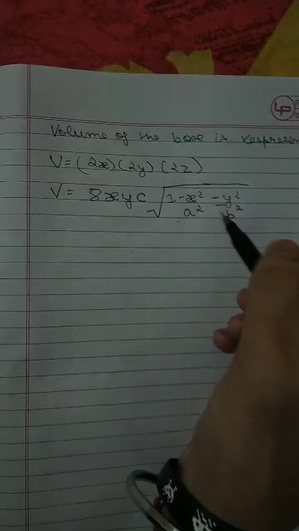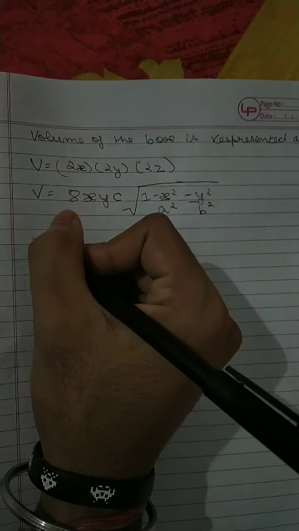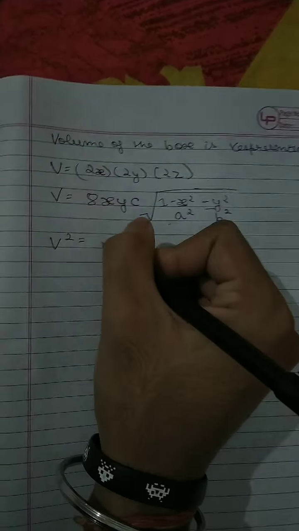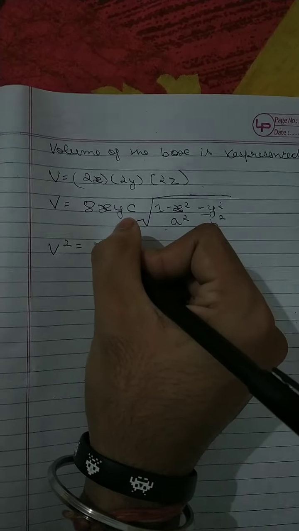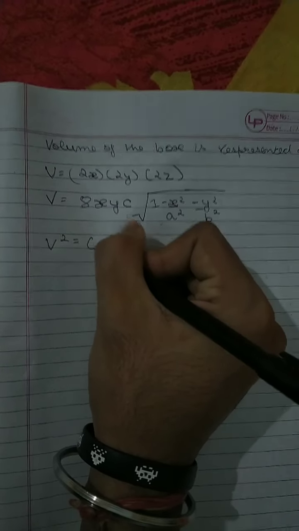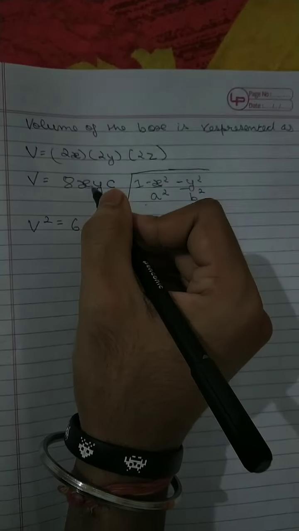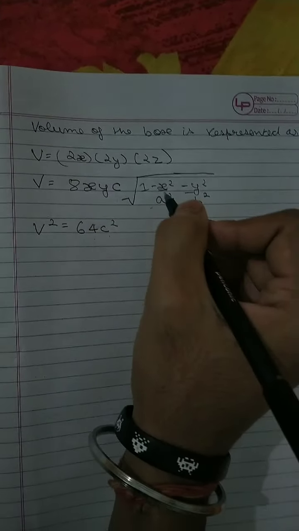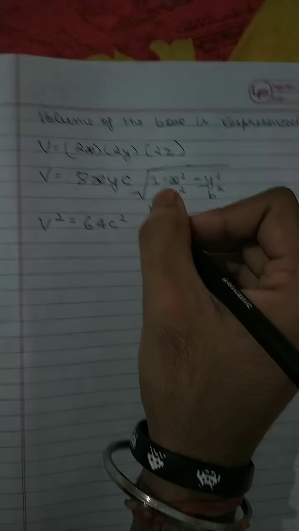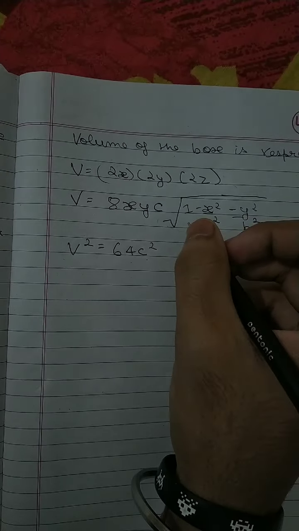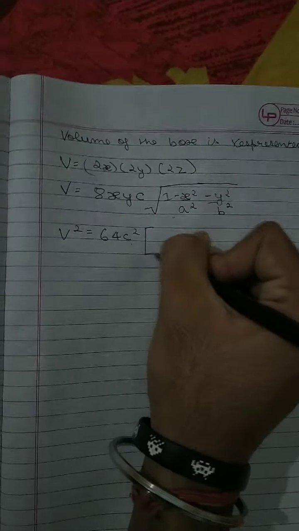Now since there is a square root here, it will be very difficult to calculate the partial derivative. So instead we will square both sides, so it will get easier. So 8 will turn into 64c square and x square y square we will multiply in inverse, so I am doing it as a whole, skipping the basic step.